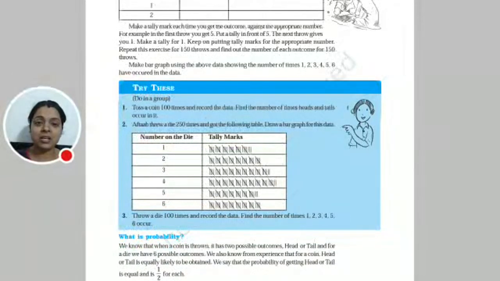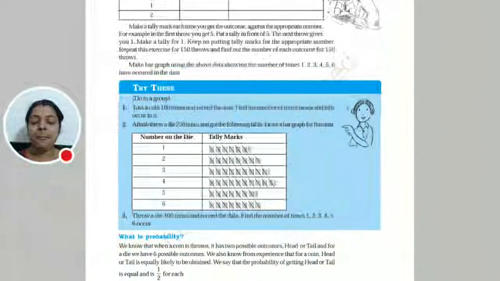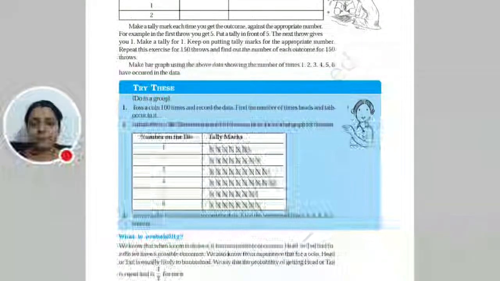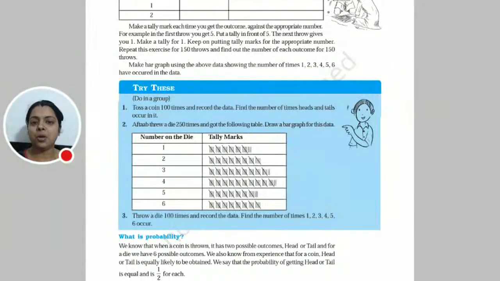If you are tossing initially 4, 5 or 10 times, you can easily count: I got 5 heads, 5 tails, or 2 heads, 8 tails. But if you have to toss 100 times or 50 times, how will you do the calculation? How will you add? For that, the tally bar works best.